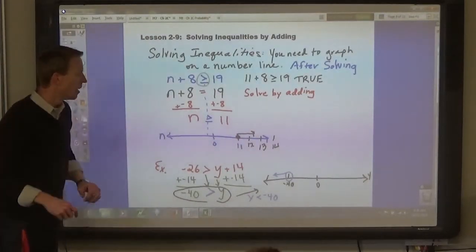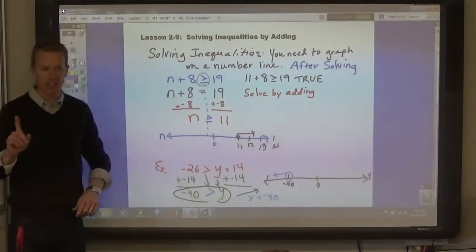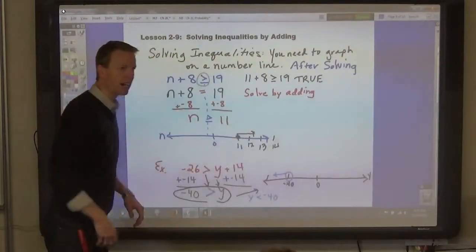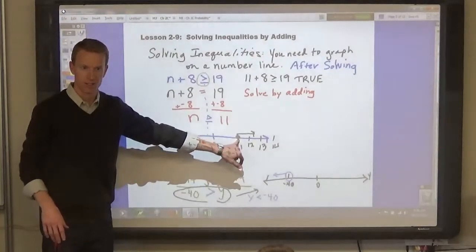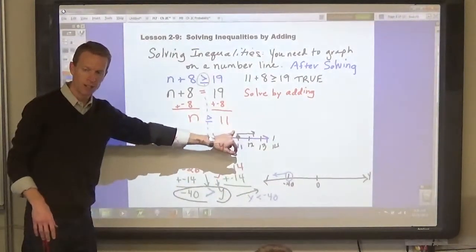Now, in order to get our solution though, we have to graph it because n is not a single number. N can be anything on that side of 11, and it can be 11. 11 makes it true because 11 is equal to 11.